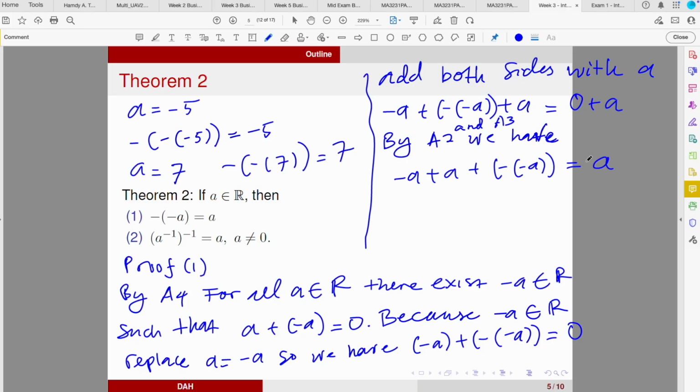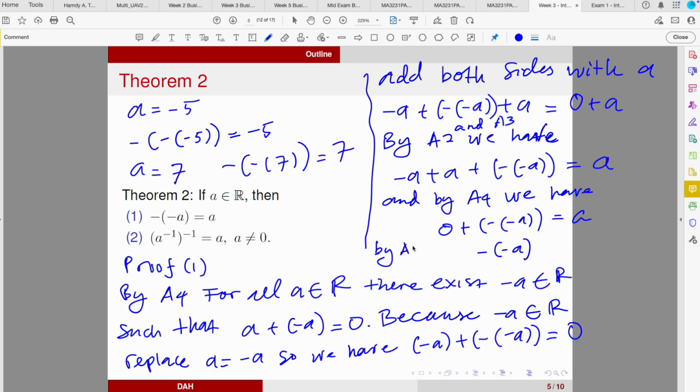And by A4, we have minus A plus A is 0, so 0 plus minus of minus A equal A. And by A3 again, 0 plus minus of minus A is minus of minus A. We have this and this one. So it completes the proof.